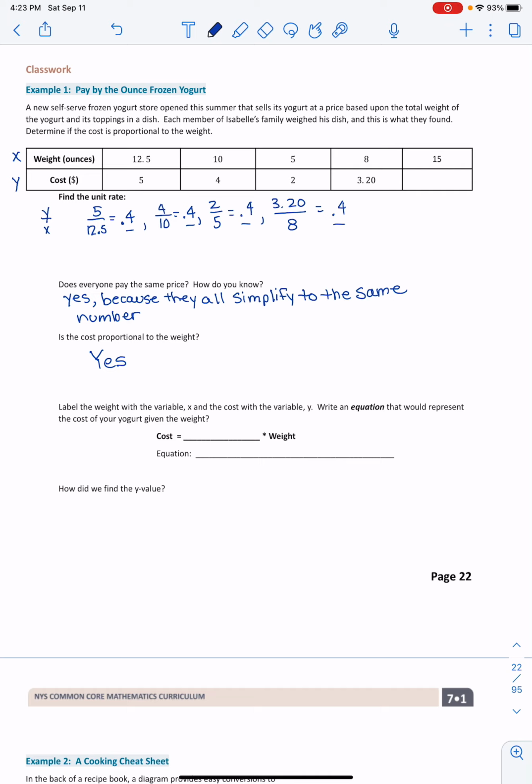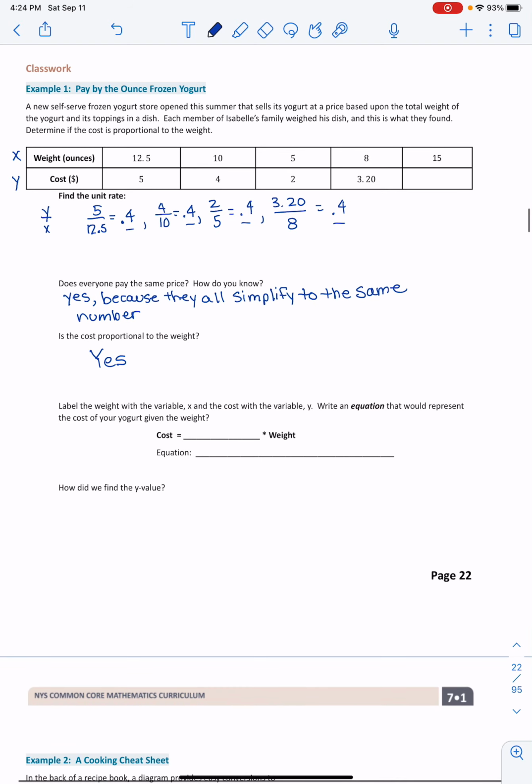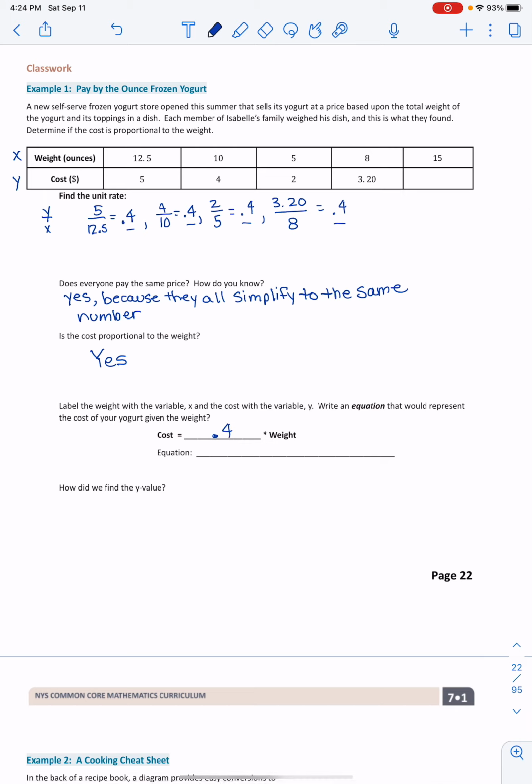So it says cost equals, and remember that K, that constant of proportionality, our unit rate, is times our weight. So it's 0.4 times the weight. So our equation then would be C equals 0.4 times W.